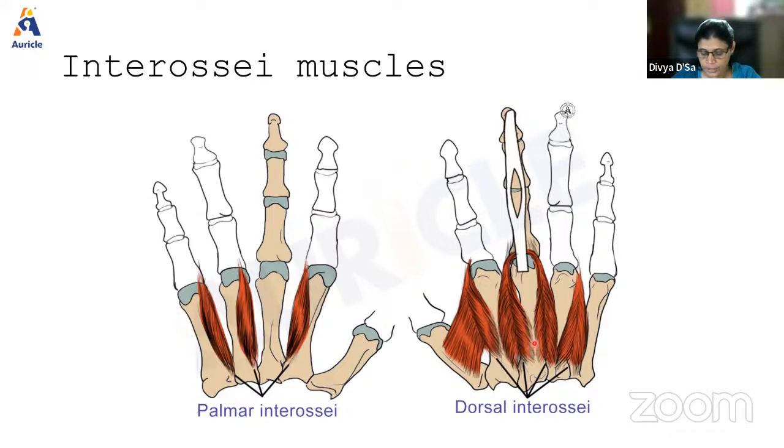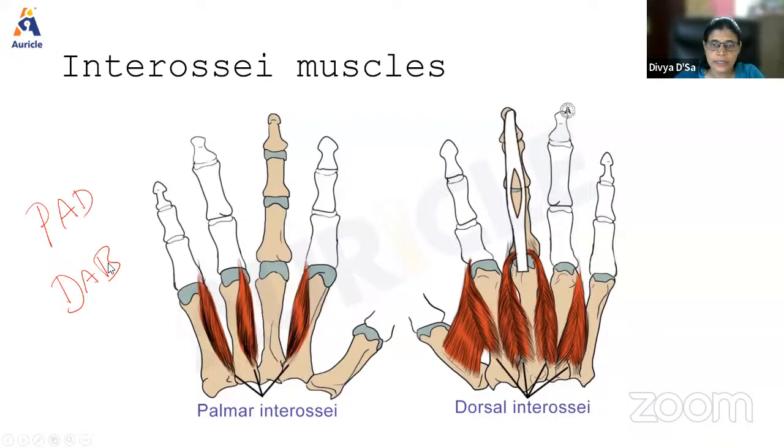The palmar interossei, the first and second, get inserted. The first is not shown. Remember for the actions, PAD and DAB: PAD for palmar interossei, DAB for dorsal interossei.